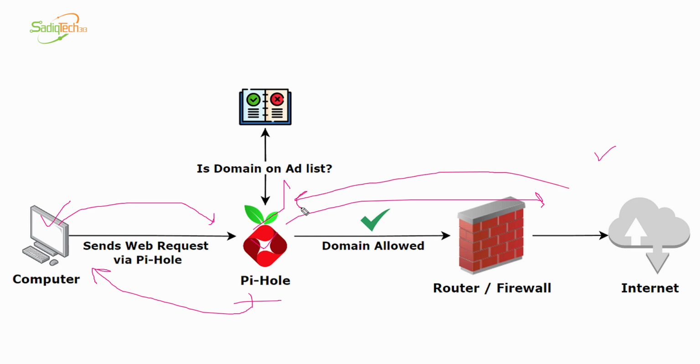If inside this domain or these web pages there are advertisements, malicious links, or tracker domains, Pi-hole again checks inside that website. If there are some malicious links, it will block those links, and you cannot access those links and those advertisements.